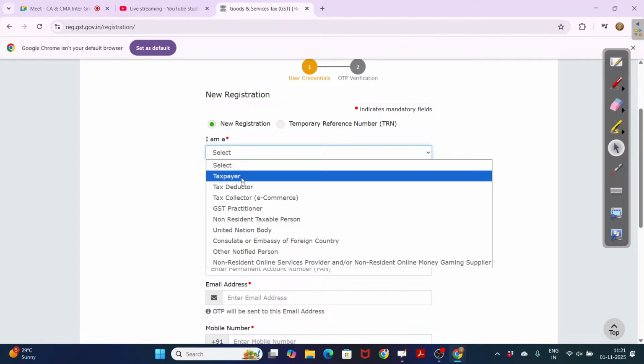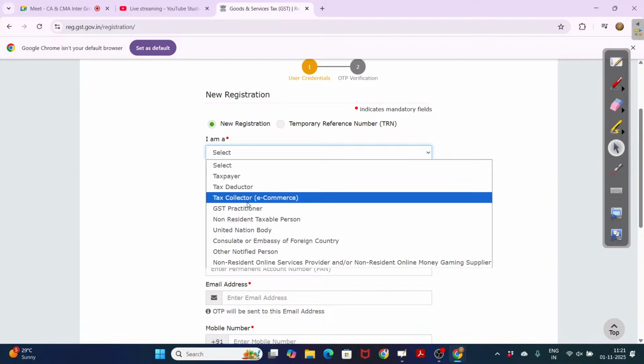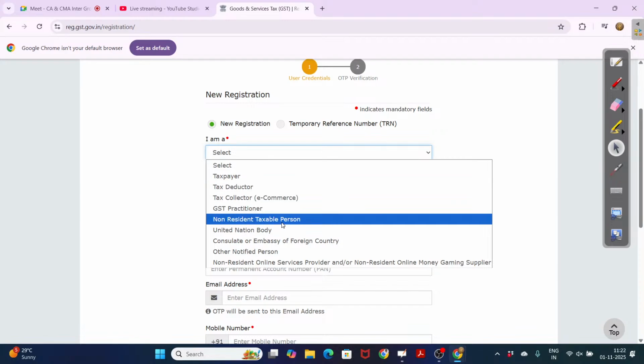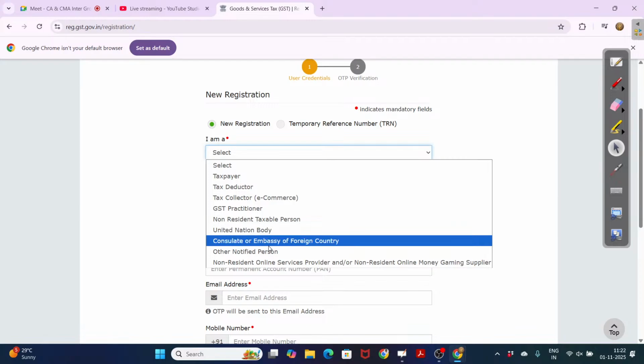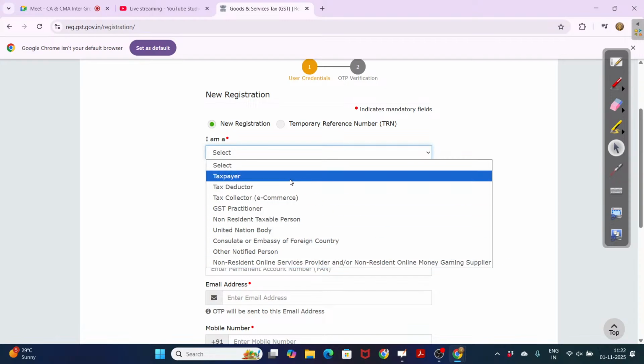Select who you are: taxpayer, tax deductor or tax collector under section 51 or 52, or GST practitioner, or NRTP, UN body, consulate or embassy, other notified person, non-resident online service provider and online money gaming supplier. You have to choose your category.